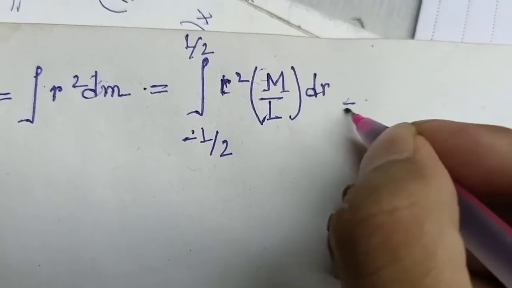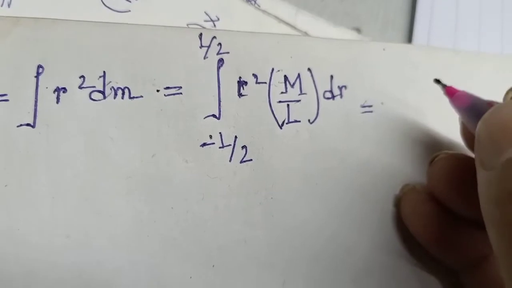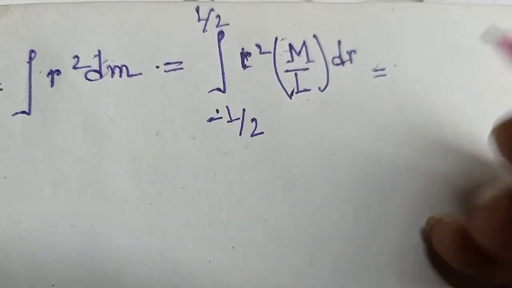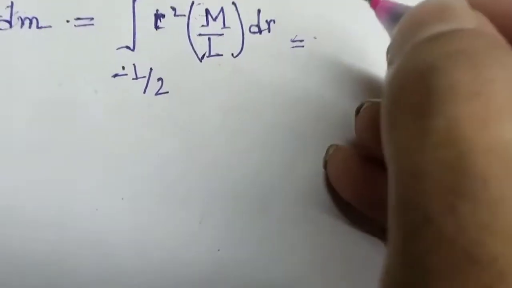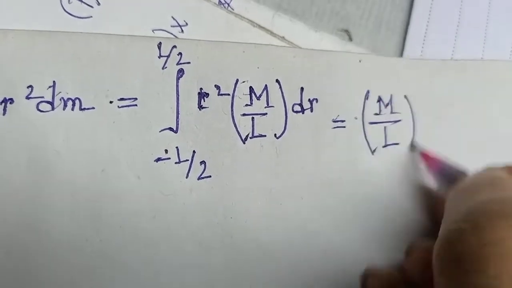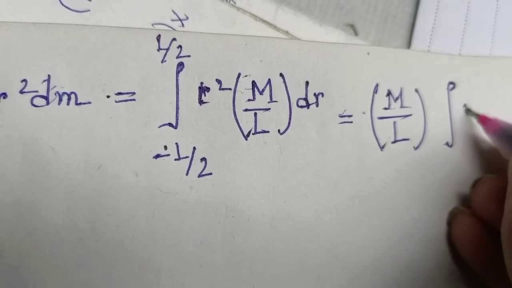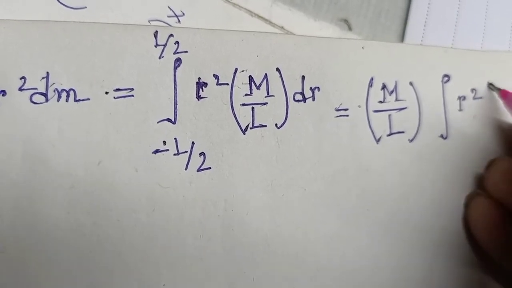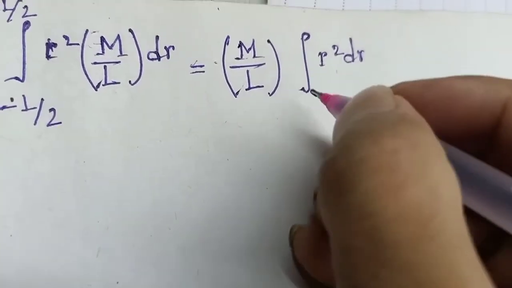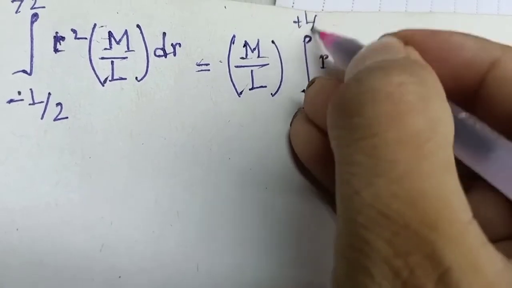For carrying out this integration, we will take the constant outside of the integral. The constant term here is M divided by L, and the remaining variable part is r square dr, with limits from minus L by 2 to plus L by 2.